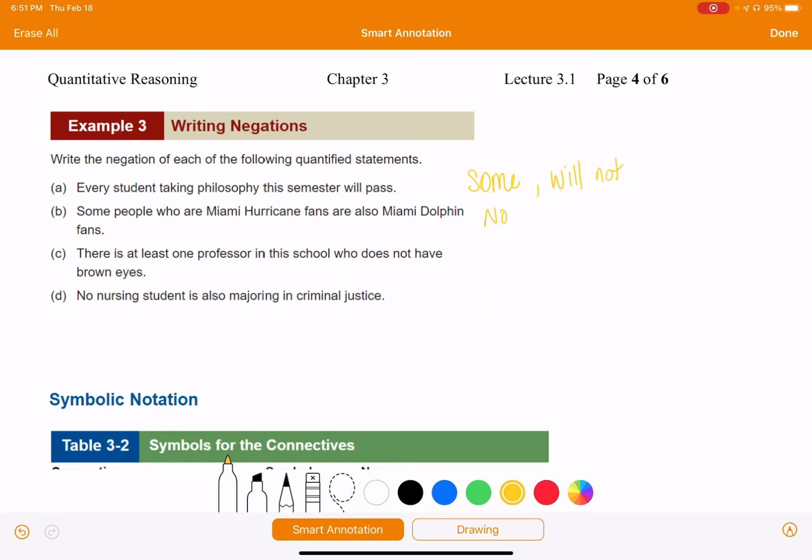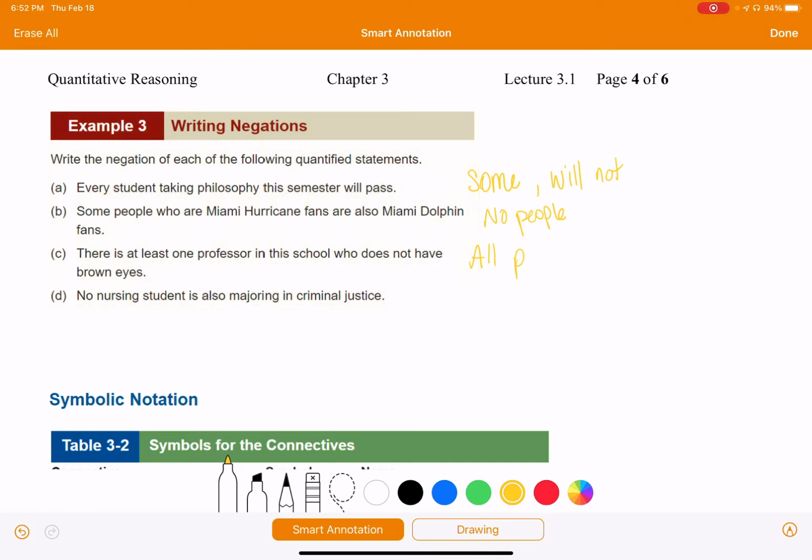Letter C. There is at least one professor in this school who does not have brown eyes. If we're starting with there is at least one, we can go to our negation of saying all.